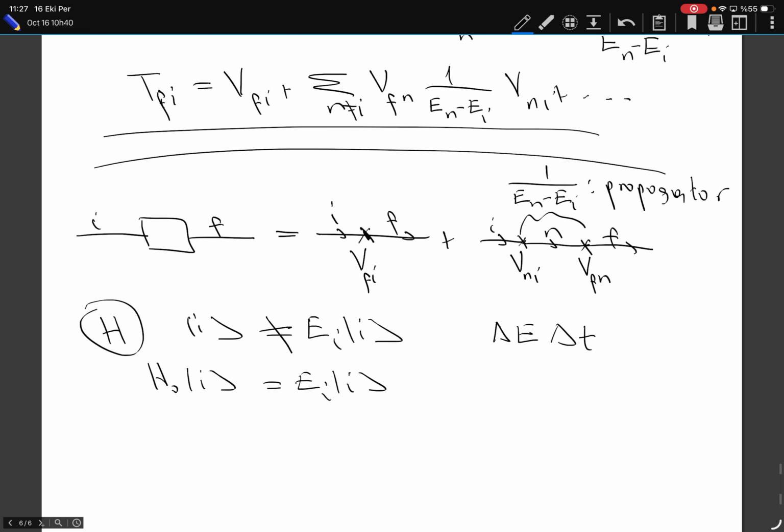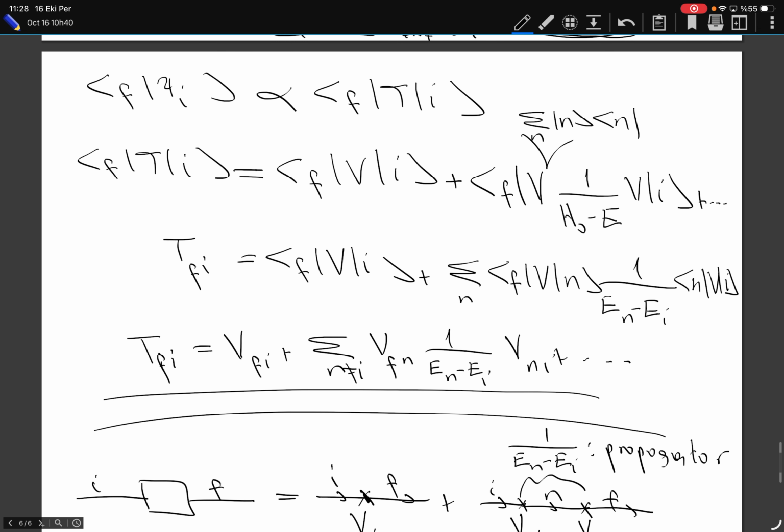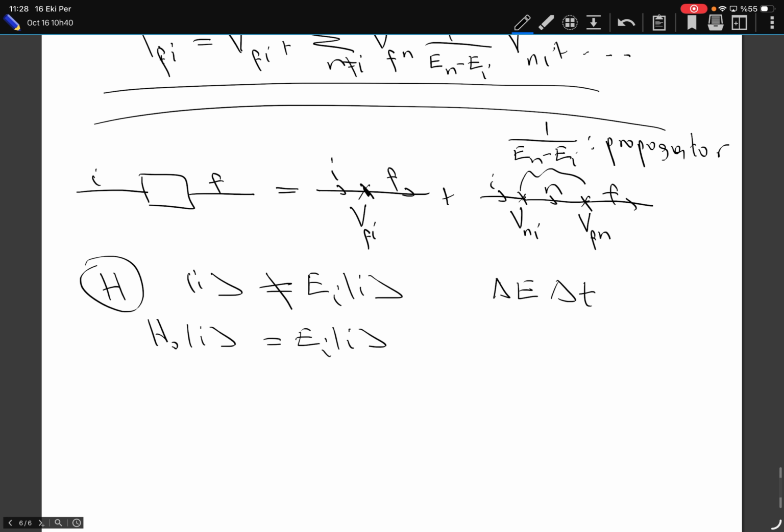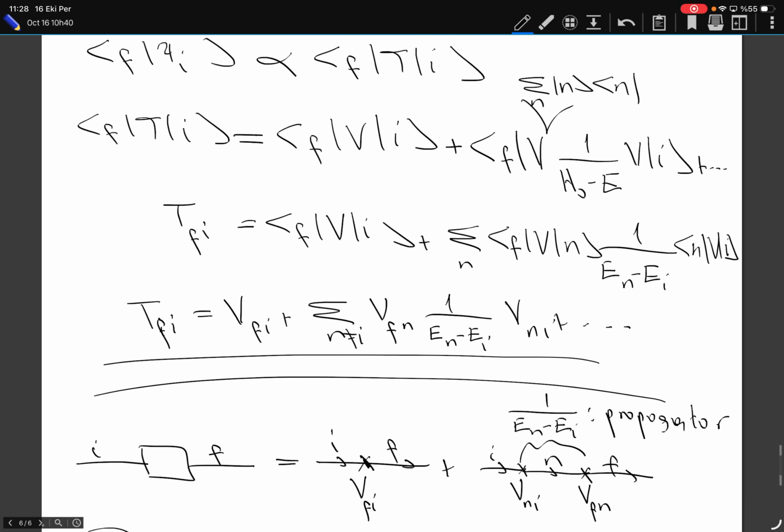Yes? After you insert the resolution of identity, how do you write En? Well, you see, I have this one. After the resolution of identity, I get <F|V|N> times 1 over (E minus H0) times <N|V|I>.